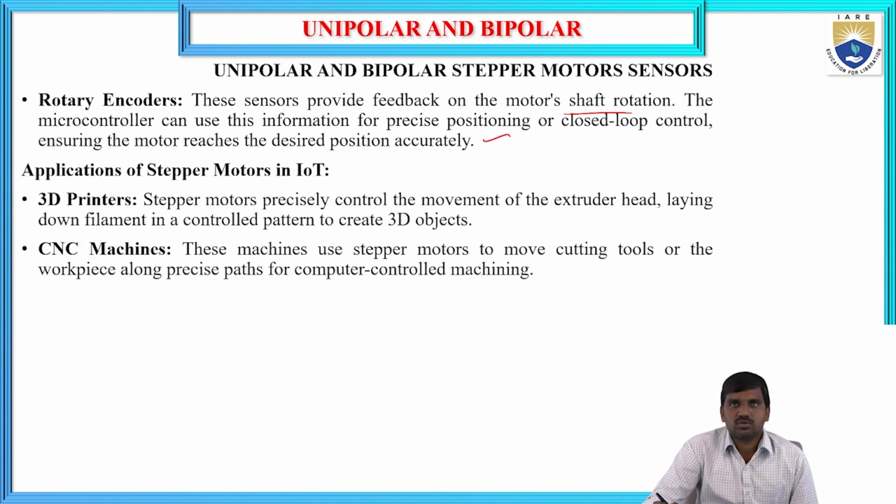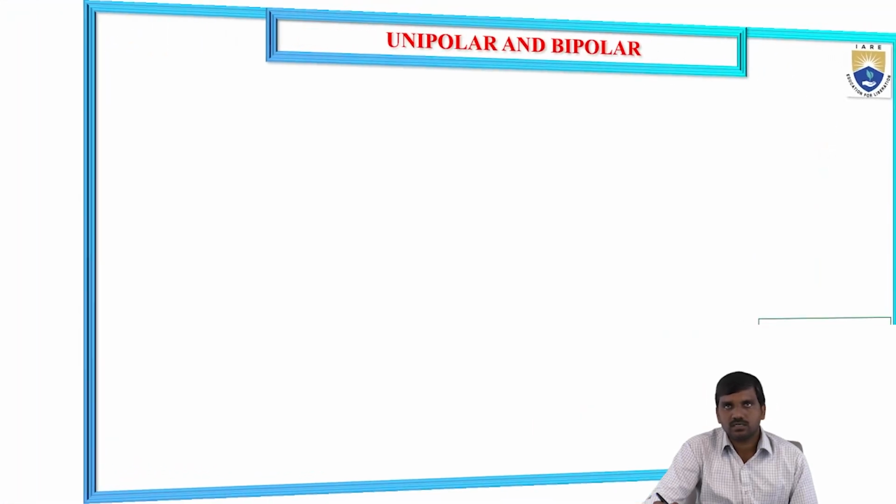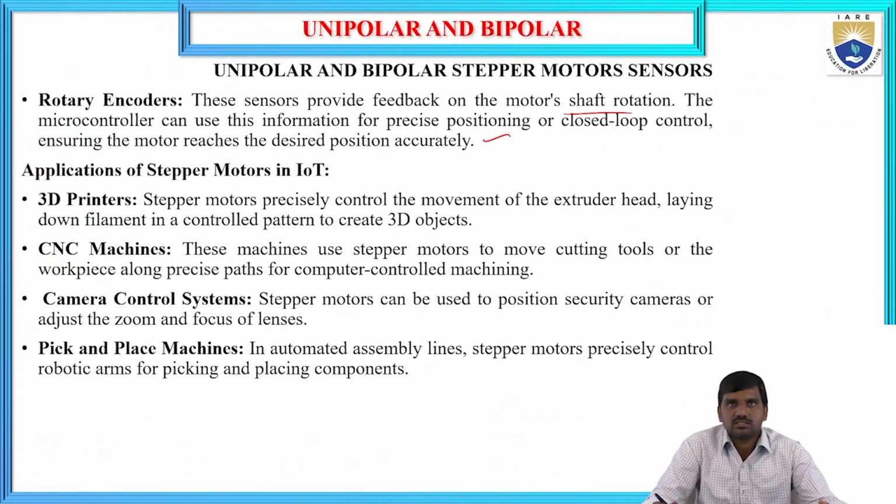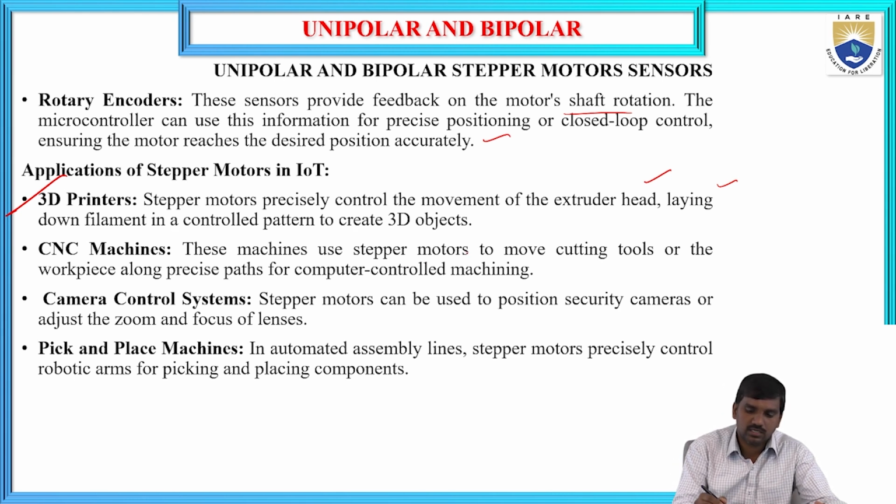Applications of stepper motors in IoT include 3D printers, CNC machines, camera control systems, and pick and place machines. The first application is 3D printers. Stepper motors precisely control the movement of the extruder head, laying down filament in a controlled pattern to create 3D objects. The second is CNC machines, which use stepper motors to move cutting tools or the workpiece with precise control for computer-controlled machining.